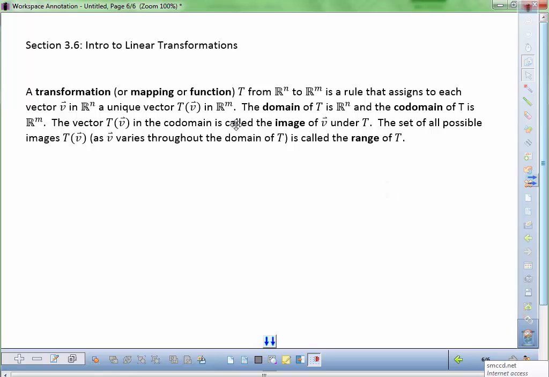So a transformation is a mapping or a function going from one space to another. We're specializing now. We're not doing transformations in general. We're talking about a mapping from Rn to Rm that takes a vector and then gives you another vector in a different space. Or maybe in the same space, right?